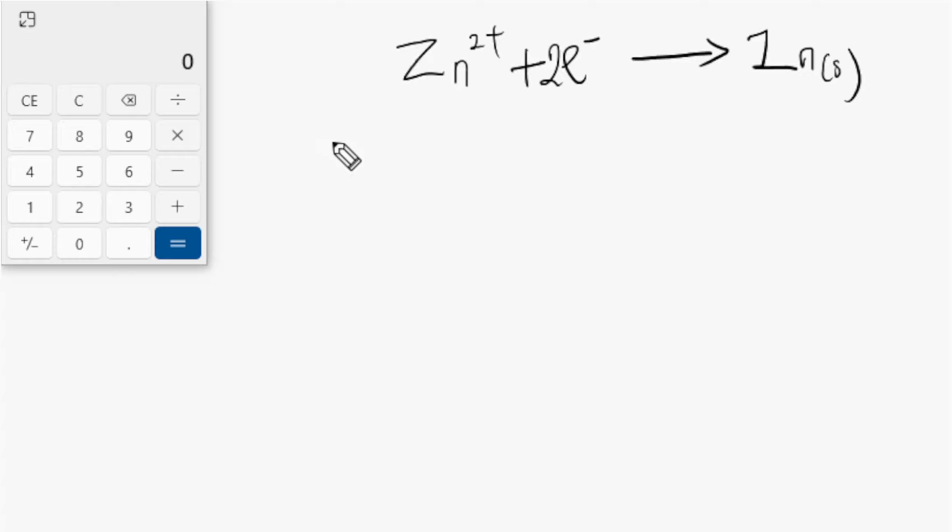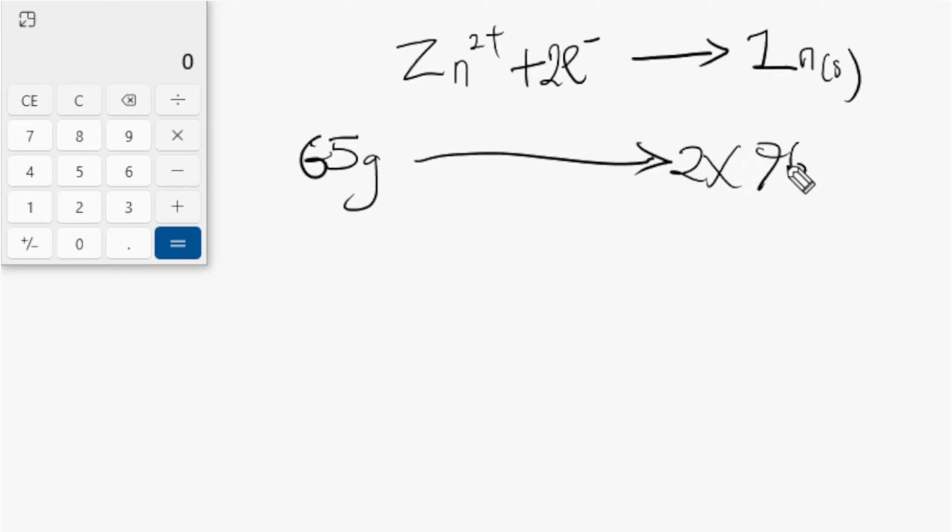So for each mole of zinc here, 1 mole of zinc here will require 2 farads, and 1 mole of zinc is 65. That's the atomic mass of zinc. So it will require 2 times the Faraday's constant, that's 96,500.